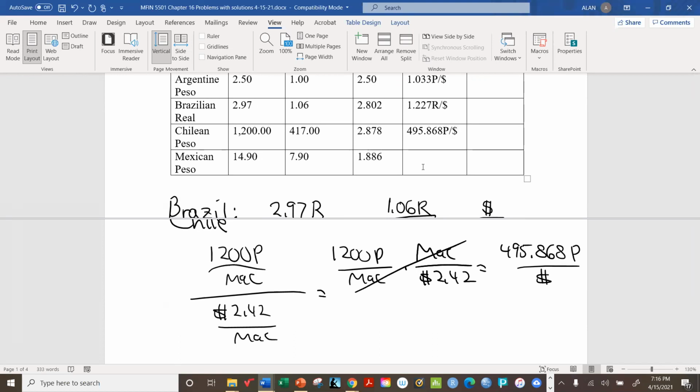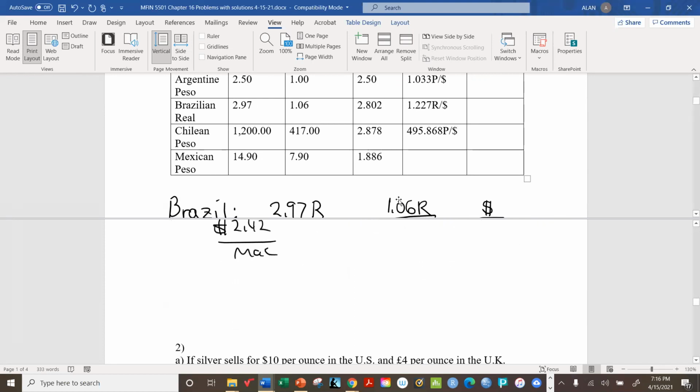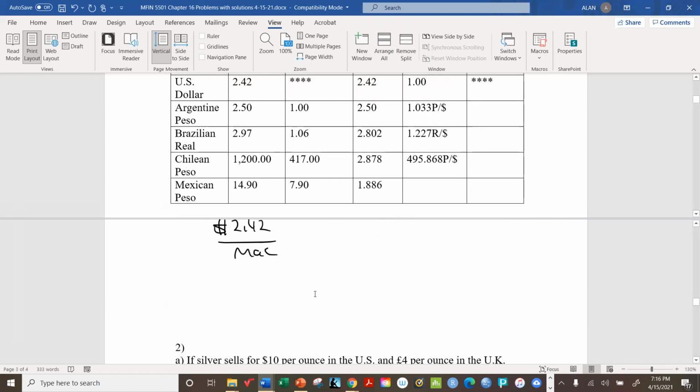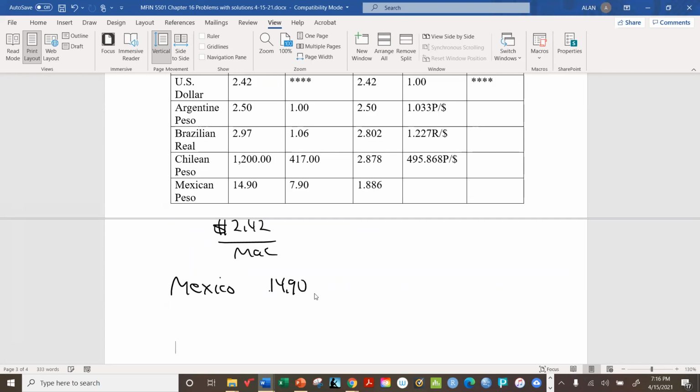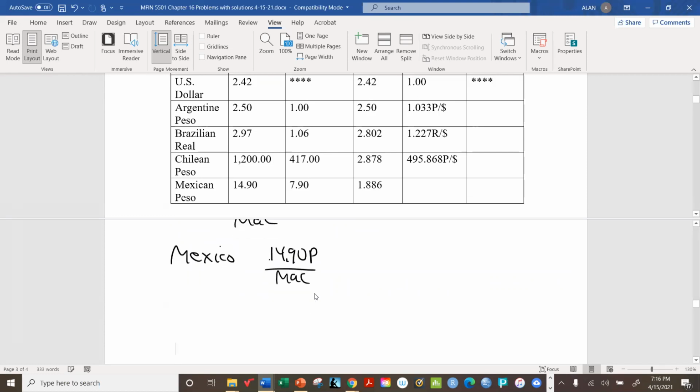And then finally, the Mexican peso. Let's do Mexico now. So we take the 14.90 pesos per Mac, and again divide by the US price.